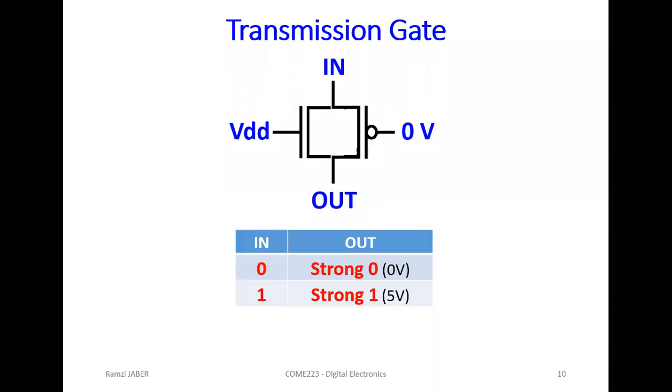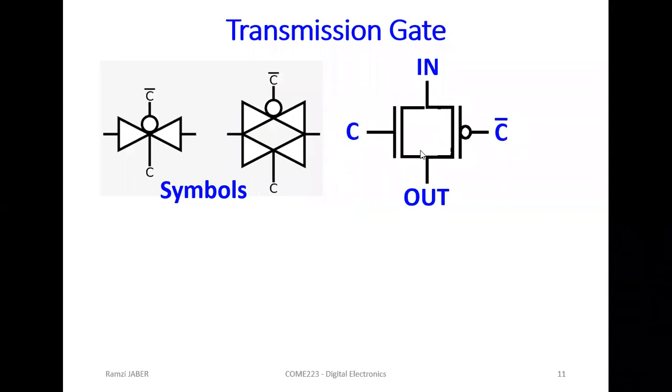Now, the general view of the transmission gate, the symbol, similar to C, as you can see. We add a new variable: input, output, but we have C and C bar. We call it selection, or control, the C control signal.